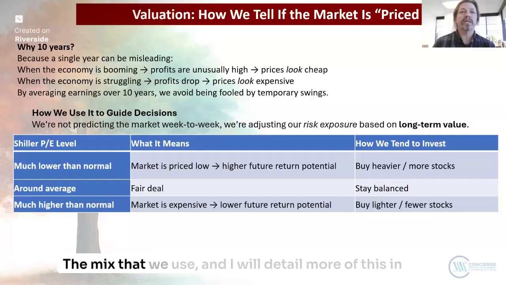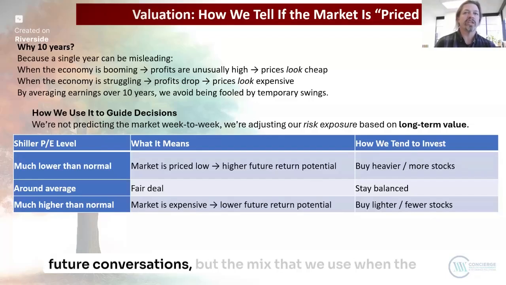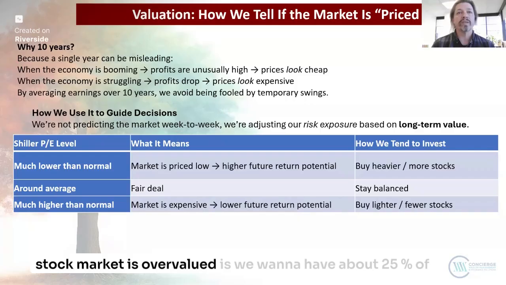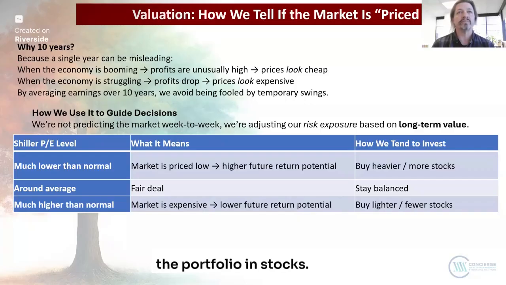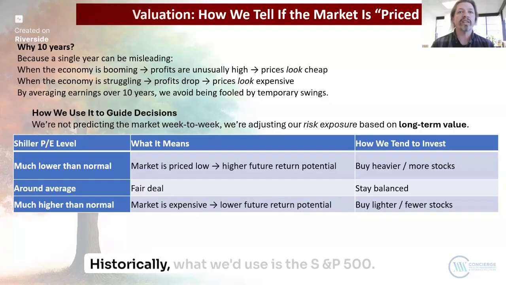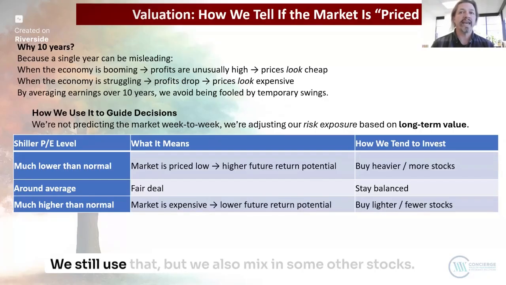I will detail more of this in future conversations, but the mix we use when the stock market is overvalued is about 25% of the portfolio in stocks. That's our offense. That's where we try to get our gains. Historically, we'd use the S&P 500. We still use that, but we also mix in some other stocks.